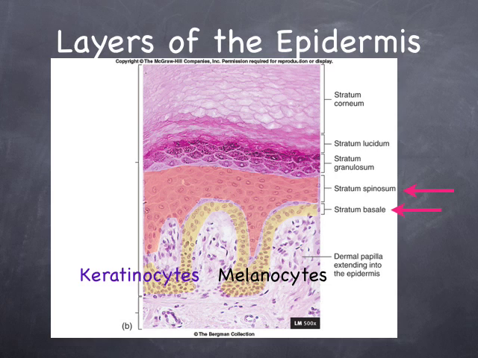Question? Yeah, most of the cells here are just getting up and running and producing keratin. Okay? Melanocytes don't multiply in numbers. If they ever do, things go really wrong.